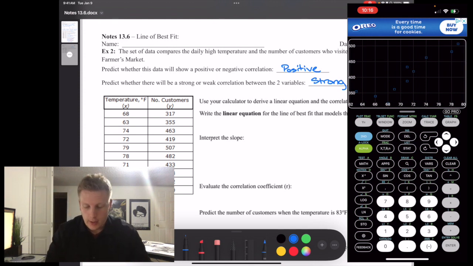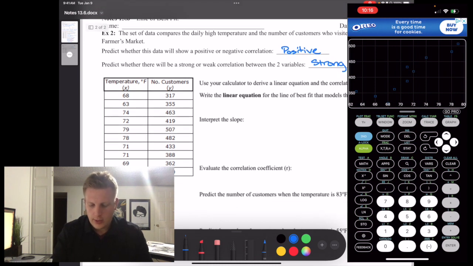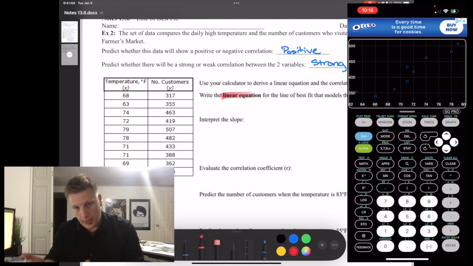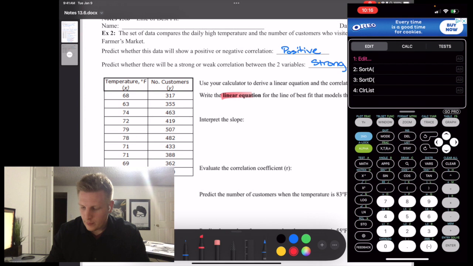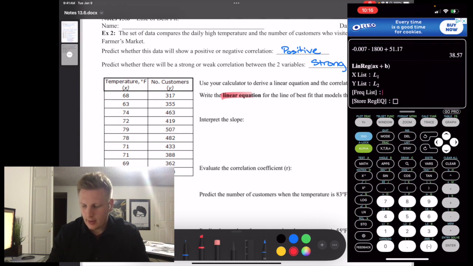Okay, so the next part is that we're going to use our calculator to derive that equation, and we're going to find that correlation coefficient. So right here, we are going to write our linear equation. Back on my calculator, I hit stat, I go to calc, and I'm going to use the lin reg. I think it's number 4 on the list.